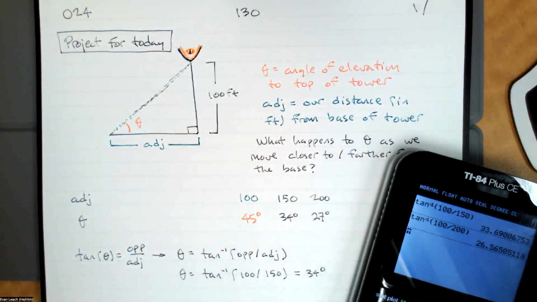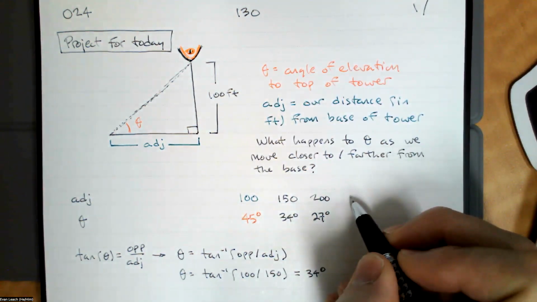Let's just do a couple more to get a feel for what's going on. So we can see that as we move away, as expected, the angle of elevation gets lower, because the farther away we are from the tower, the shorter the tower looks, so the less we have to look up to see the top of it.